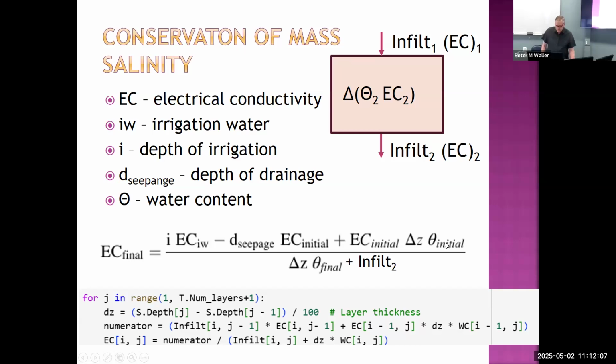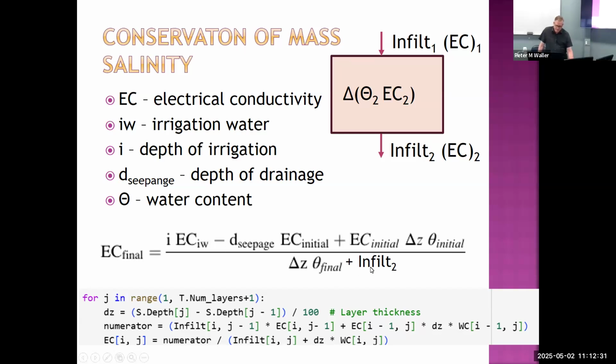Okay. And then we add the EC initial times delta Z times theta initial. So that's the initial concentration that we had. And then we find the final concentration by dividing by delta Z times theta final plus the infiltration 2. This is a little bit different from the book.